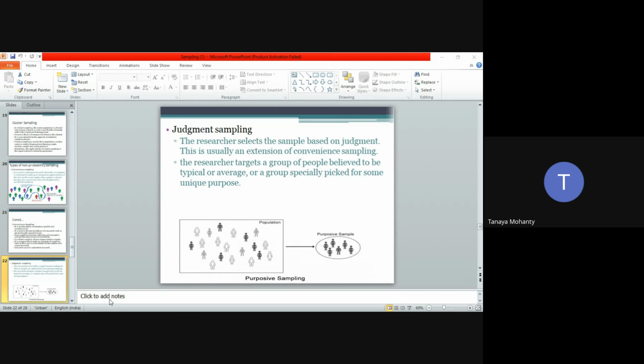I'll have to ask who can sing, who has a passion for singing, who has that skill and technique, and accordingly I'll choose. So the researcher here is making use of his or her own judgment to select the sample. That's the reason it is called judgmental sampling.